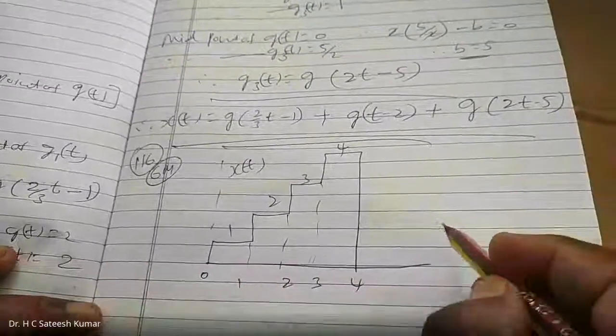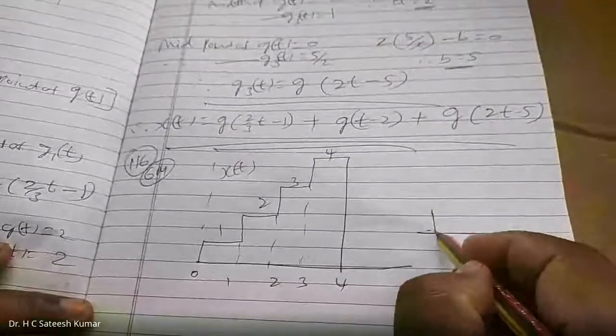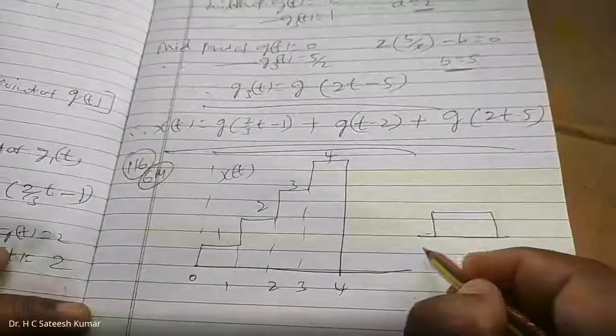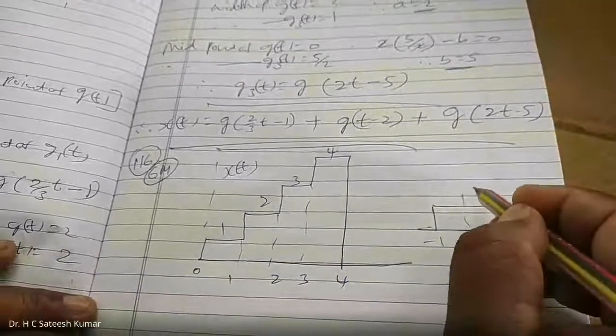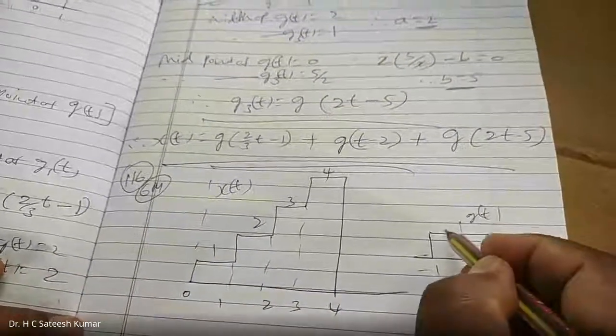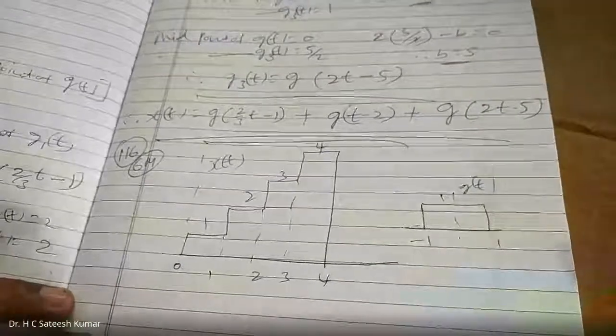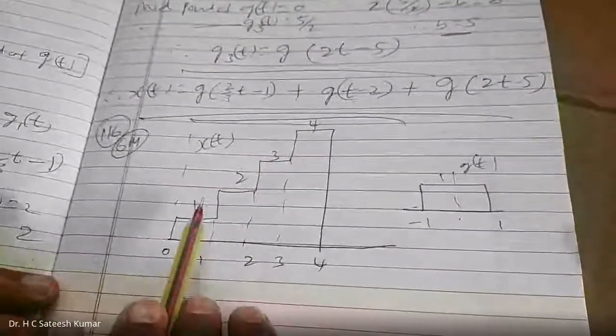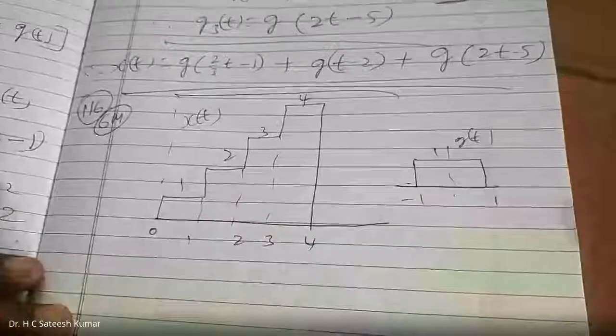So this signal g of t is from -1 to +1, with amplitude 1. So the question is to represent x of t in terms of g of t.